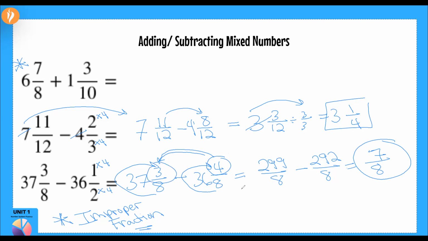That's the only time you have to turn subtraction problems, which are mixed numbers, into improper fractions. You never have to do that for adding mixed numbers. Sometimes you don't have to do that with subtracting if the second numerator is smaller than the first numerator, like we did on this example number 2.